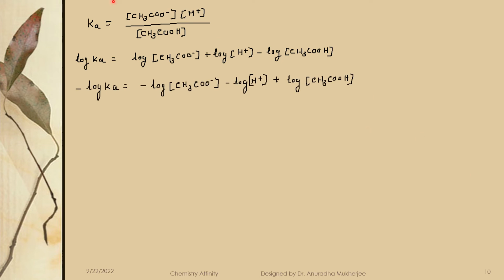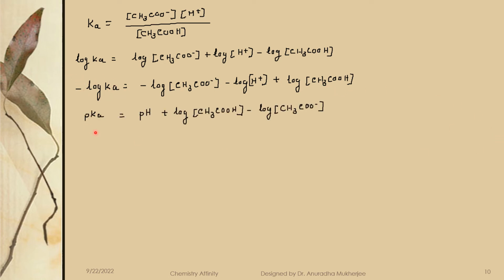Now this is the equation: Ka equals the concentration of products divided by the concentration of reactant. If we take log on both sides, we get log Ka equals log acetate ion plus log H plus minus log concentration of acetic acid. Now take a negative sign on both sides.